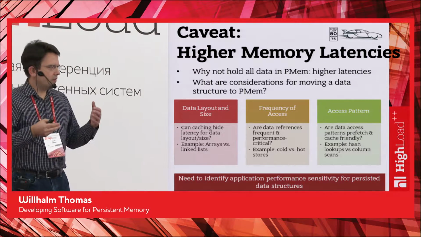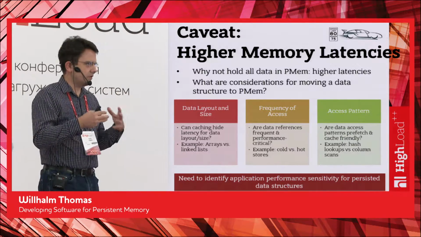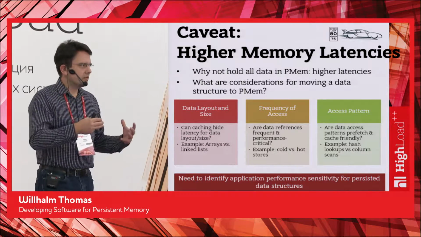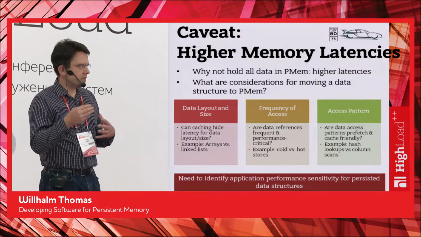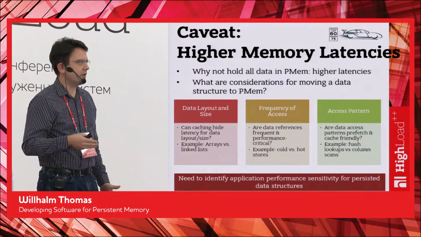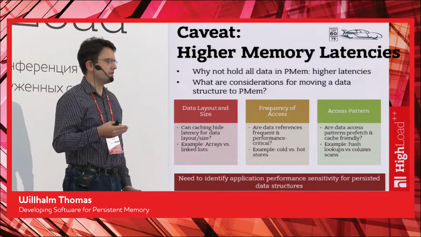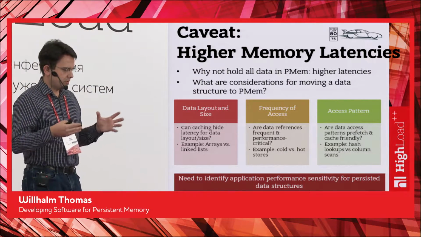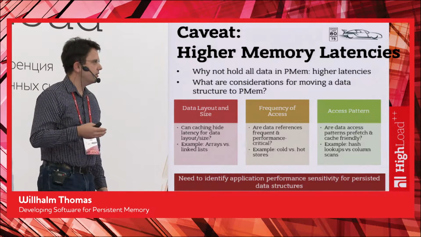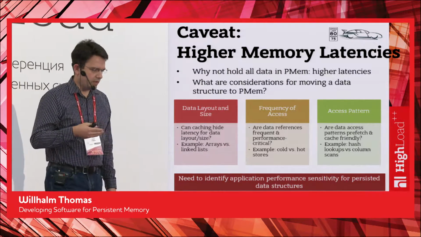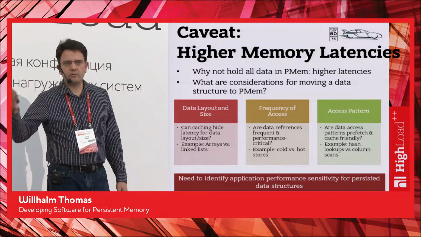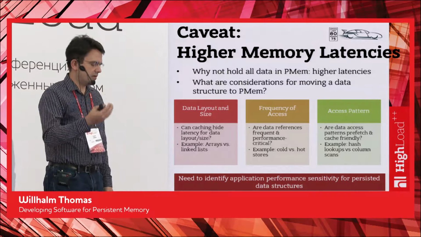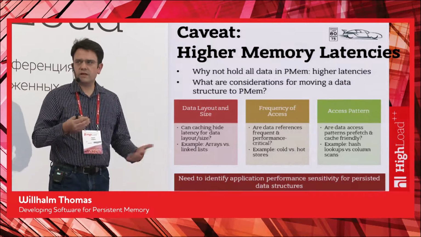So one needs to take this into account if performance is what's truly counting for you, and use data structures for this persistent memory where you're not suffering from latency. One way to do this is the layout, so that your caching works. For example, if you're using an array and you run through the array, the prefetcher can efficiently prefetch your data, and you're not suffering from the latency.